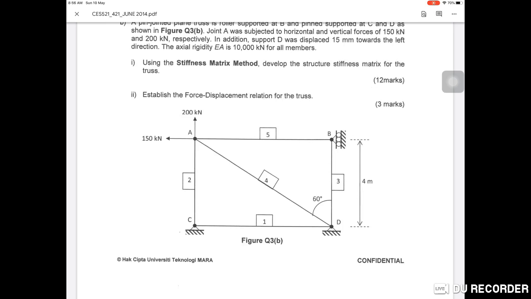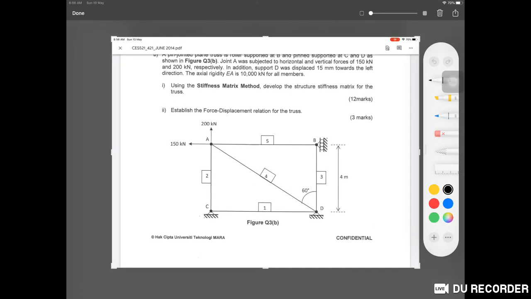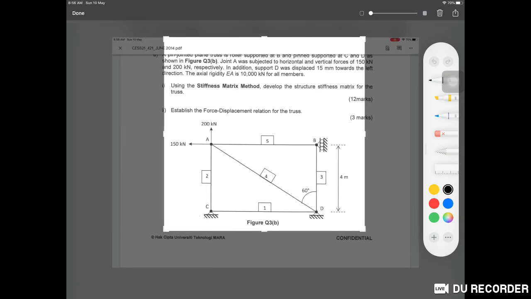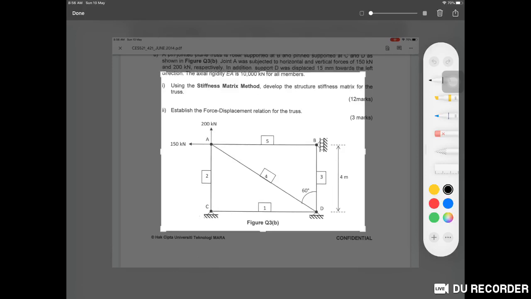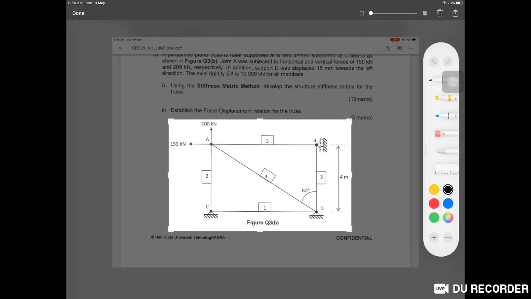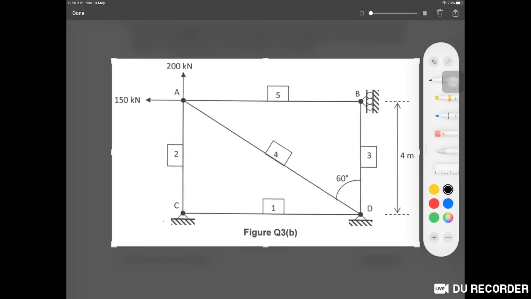Okay, I want to choose this one. Okay, I just want to take the diagram only. Okay, this one.